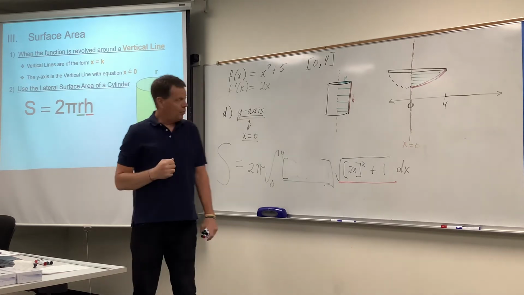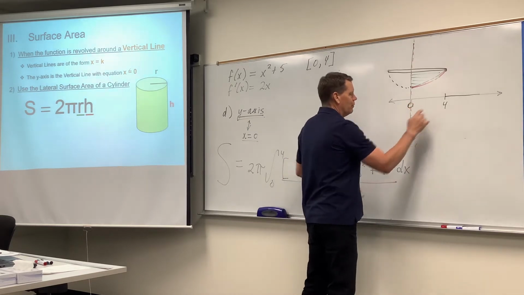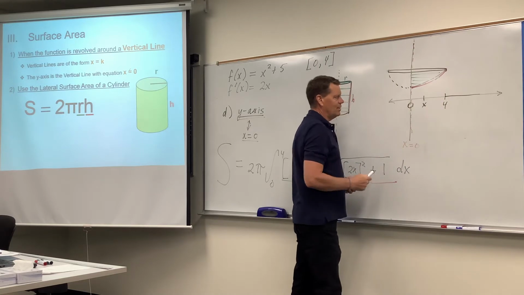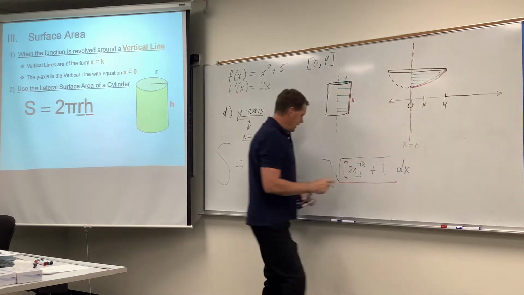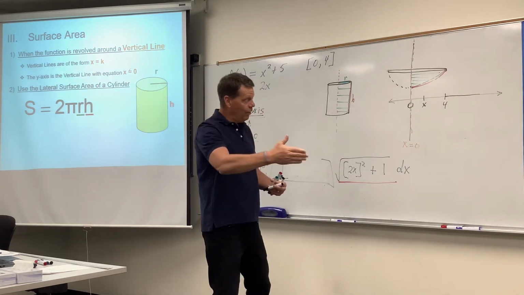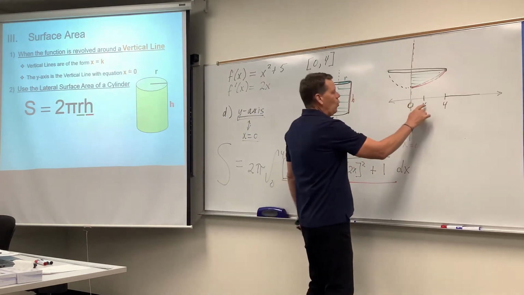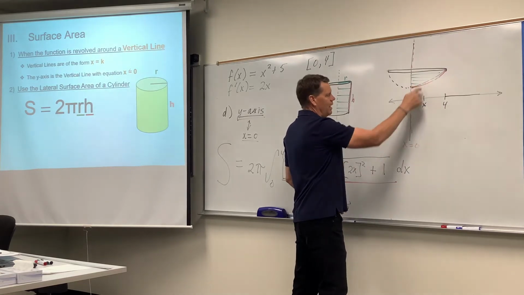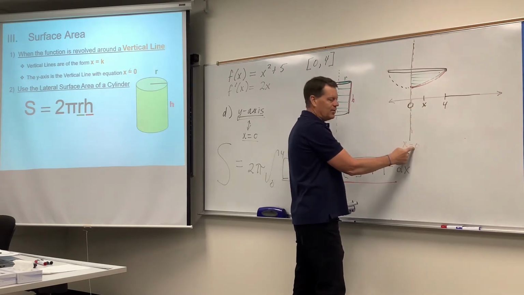The radius expression, however, you have to think about as we travel from 0 to 4, considering every single value of x between 0 and 4. For every value of x, as that integral travels from 0 to 4 and calculates this for all the values of x, there's an infinite number of them, wouldn't the radius for that particular value of x be the distance between that value of x and our axis of revolution?